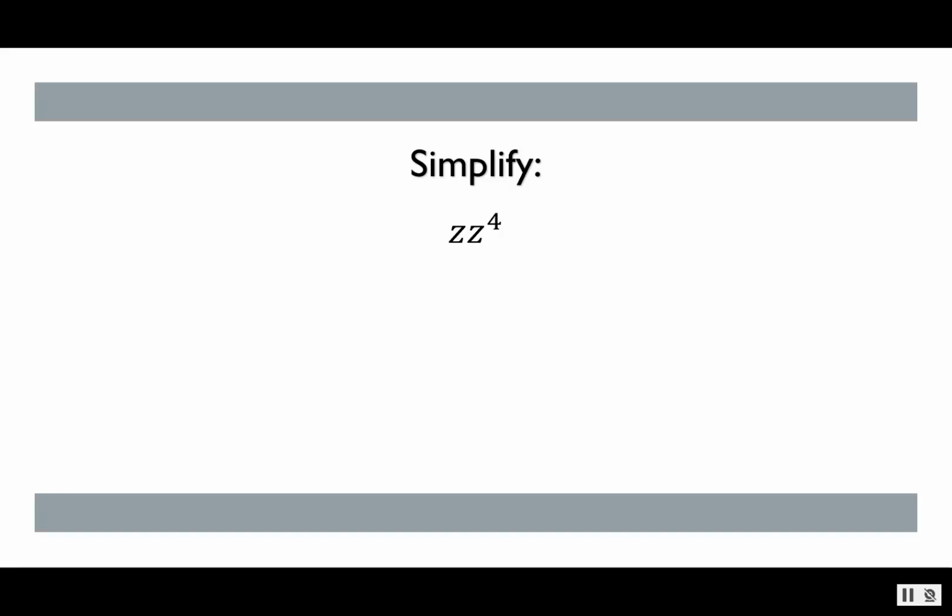Since we are asked to simplify an exponential expression in which two like bases are being multiplied, we can use the product rule to simplify this expression. To simplify this expression, we keep the base the same and add the exponents. Anytime we have a factor with no exponent, the exponent is understood to be a 1.